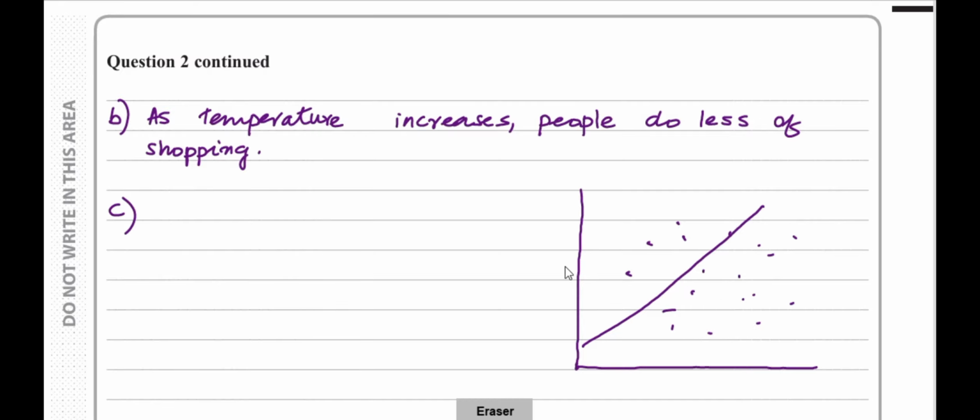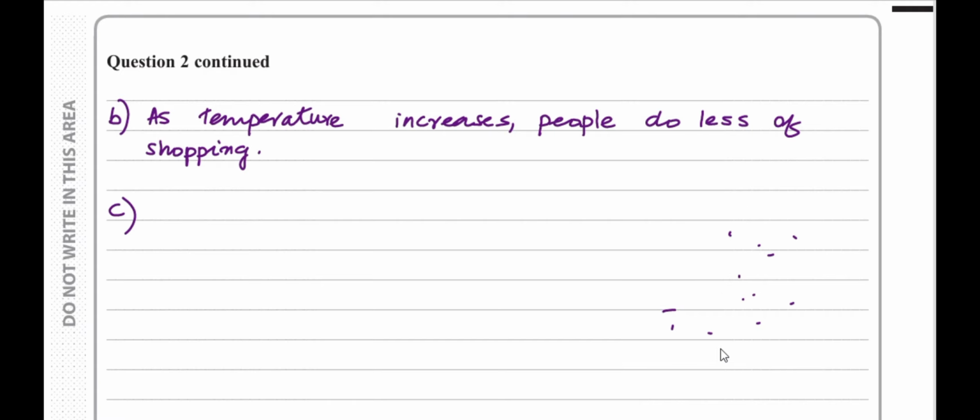So here what we would write is this model is consistent with the results, or Tessa's argument. We could say as r is close to, it was -0.915, wasn't it? So it's close to -1.